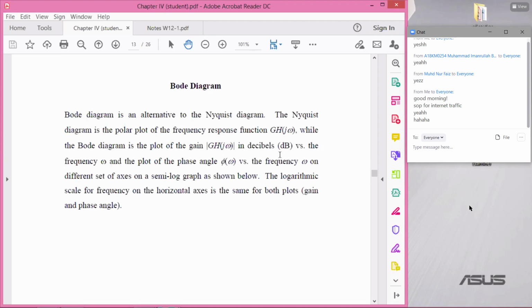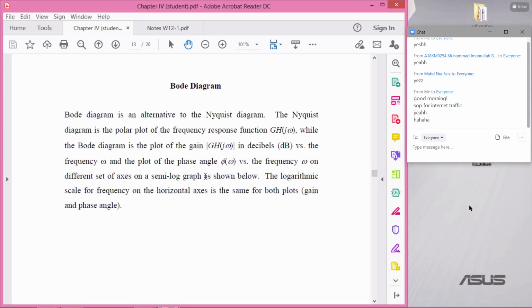Decibel is just a ratio with respect to a reference point. You do not take the absolute value of the magnitude. You take the decibel of that. The decibel is just 20 log of the gain. So that's the definition of decibel. And then you plot that versus frequency. And then on another plot, you plot phase angle versus frequency. So you're going to have two plots instead of a single plot as in the Nyquist diagram.